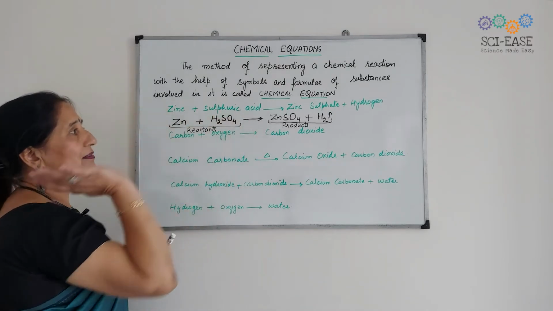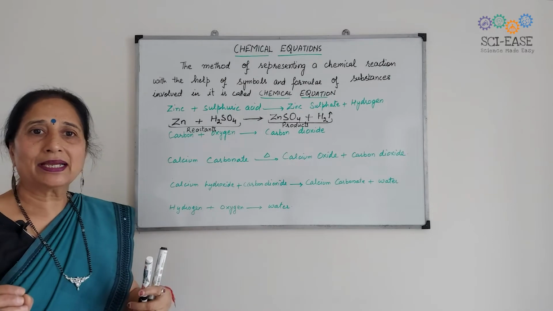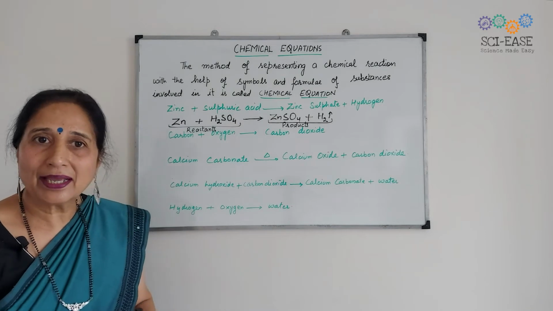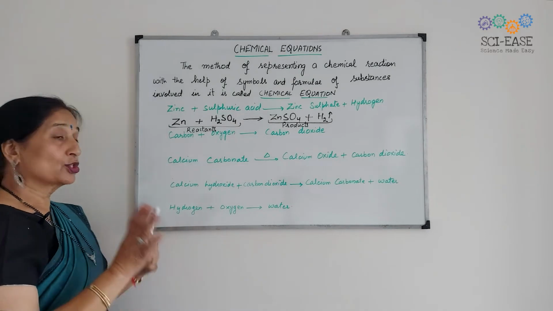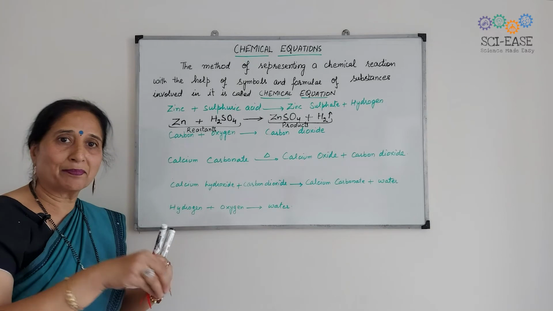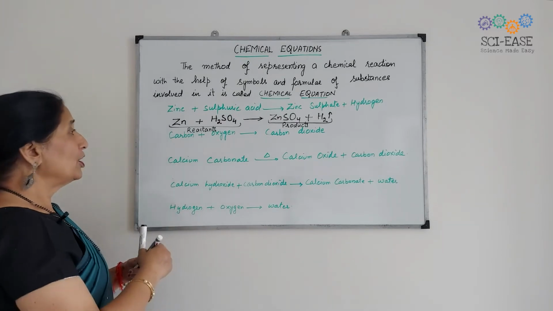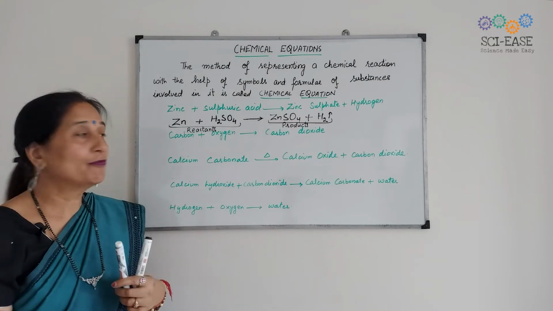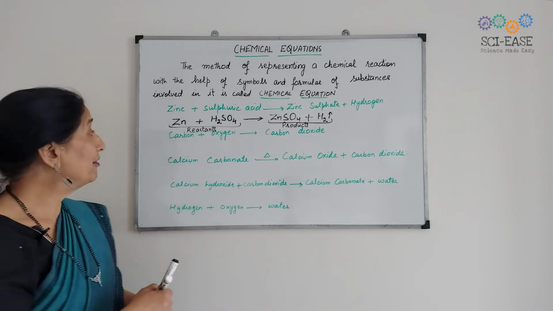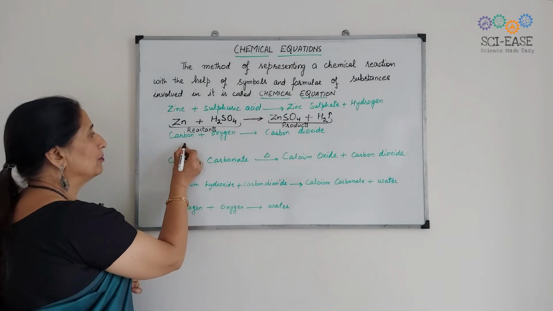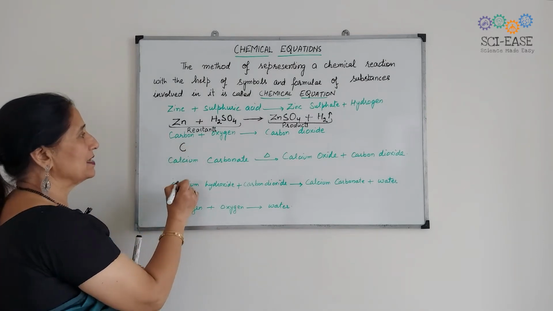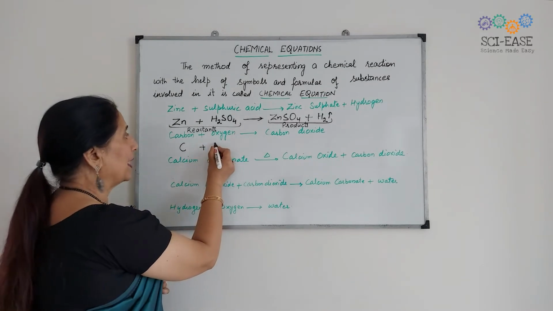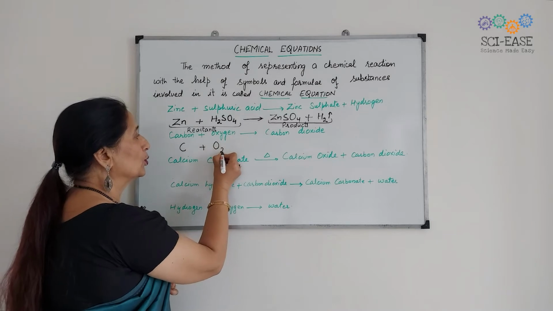Now this is a very simple chemical reaction which is written in the form of a chemical equation. So for this, you should know the symbols and formulae. Now the next chemical reaction: carbon plus oxygen forming carbon dioxide. Very simple. The symbol for carbon is C. Oxygen is a diatomic molecule, so its formula is O2.